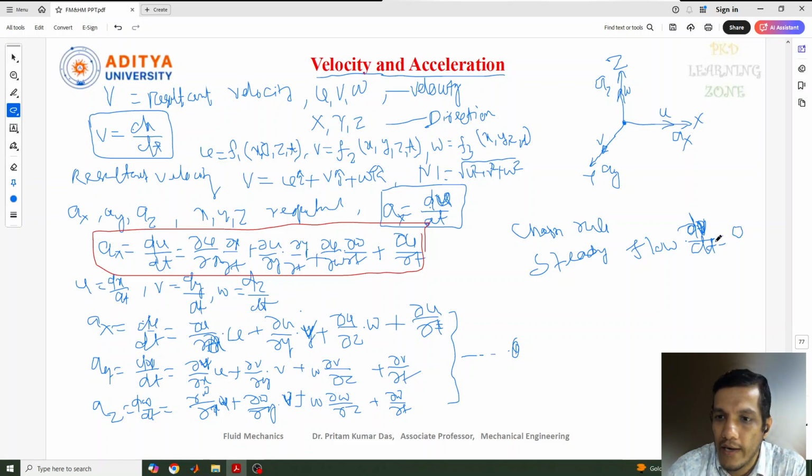This is the resultant velocity for the steady flow, velocity with respect to time. Now for the steady flow, du by dt, dv by dt and dw by dt are all going to be 0 here.